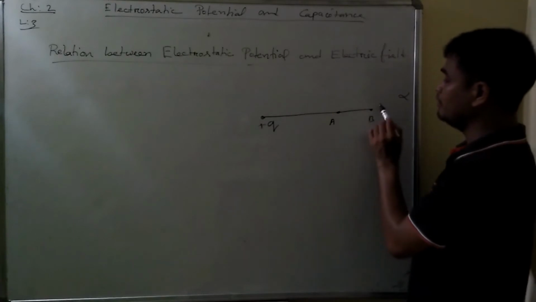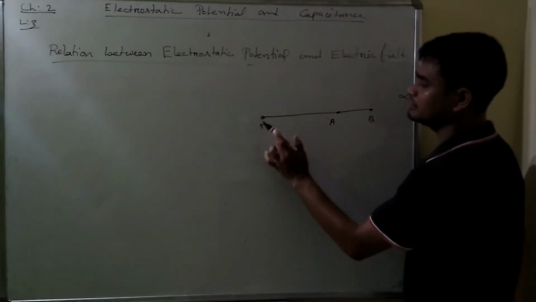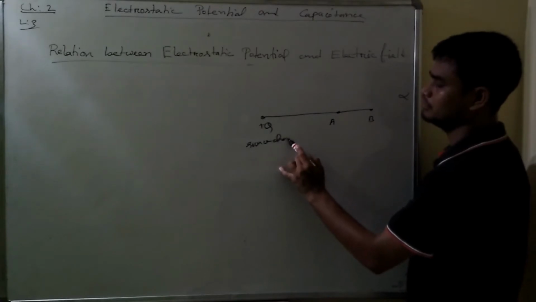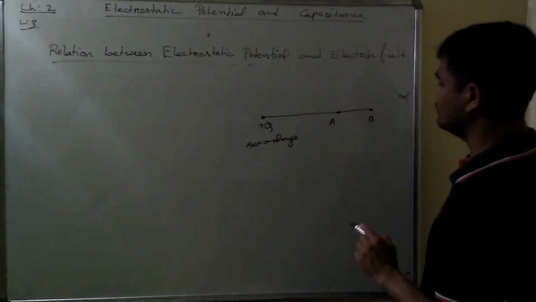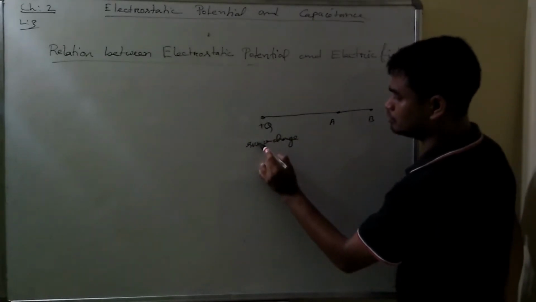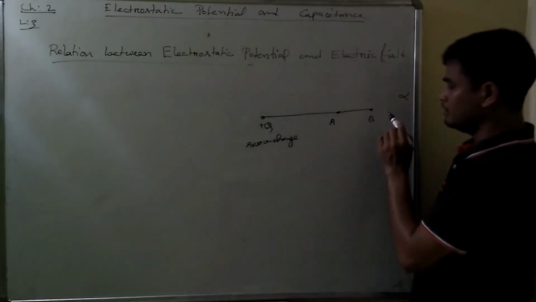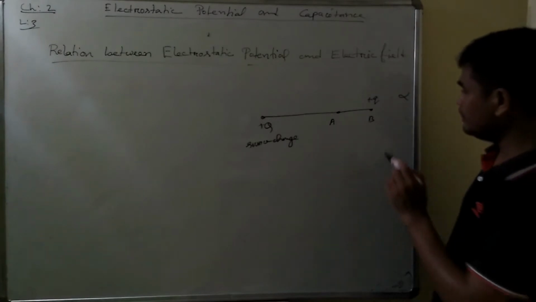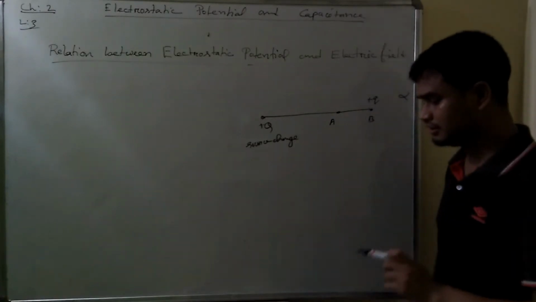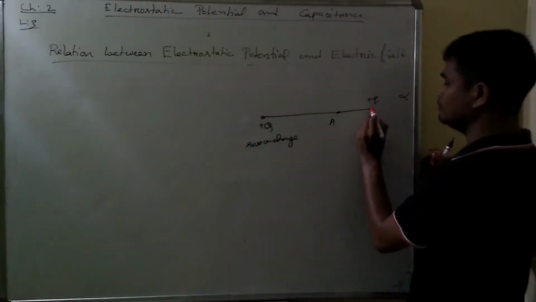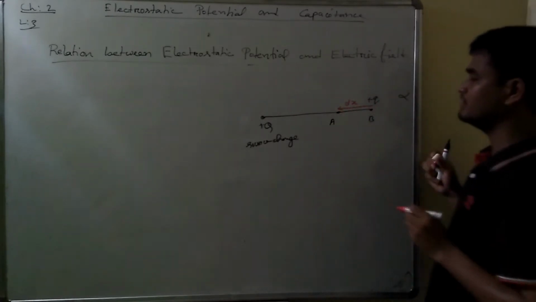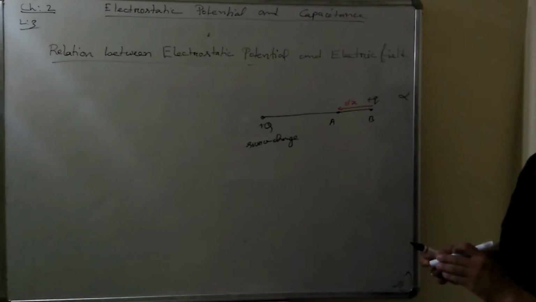This plus Q is the source charge. Now another such plus Q, we apply force to bring this plus Q charge from this to this. Let us consider this is dx displacement.